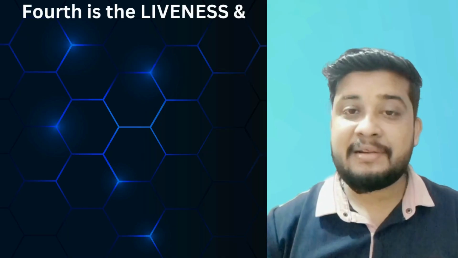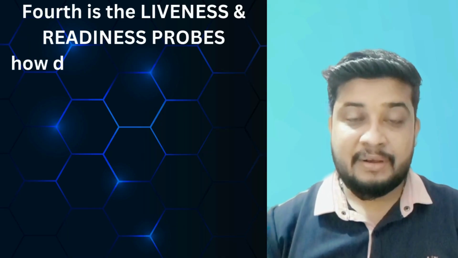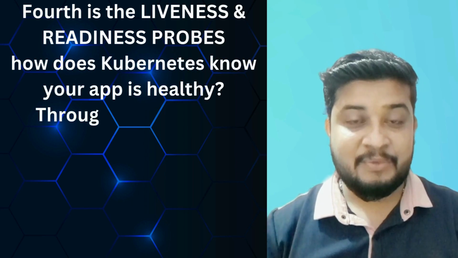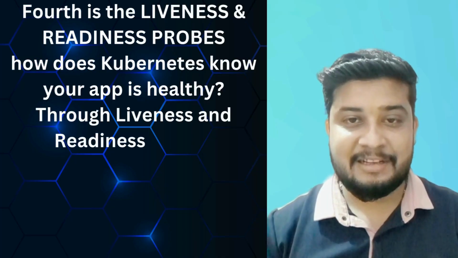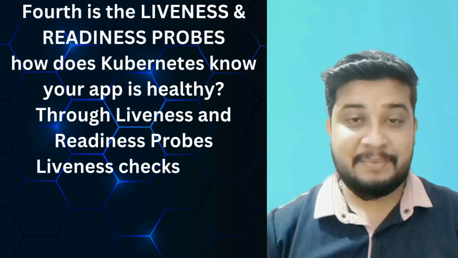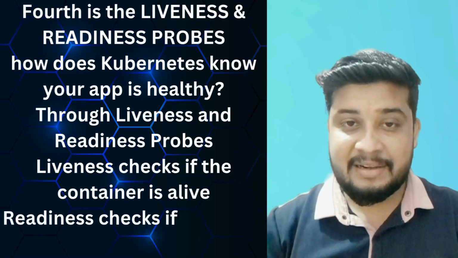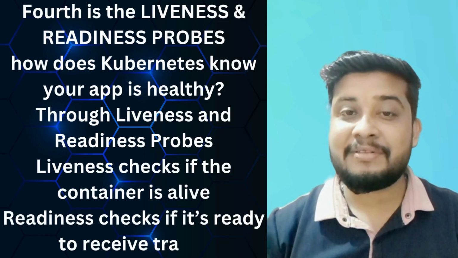See? Fourth is liveness and readiness probe, right? So how does Kubernetes know your application is healthy? Through the liveness and readiness probe, right? Liveness checks if the container is alive, and readiness checks if it is ready to receive traffic.